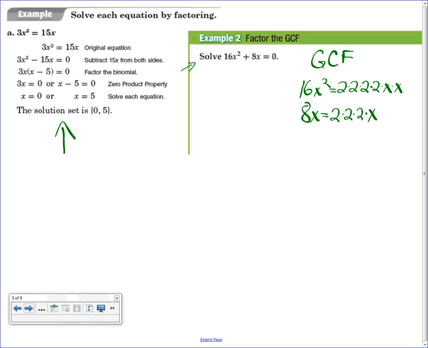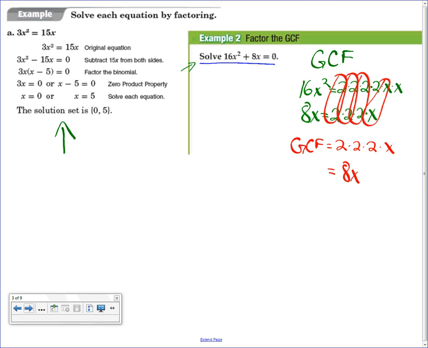Now, our greatest common factor would be the things that they have in common. A 2, a 2, another 2, and an x. So our greatest common factor is going to be 2 times 2 times 2 times x, in other words, 8x. Now, we're going to use that greatest common factor to factor out of this polynomial.